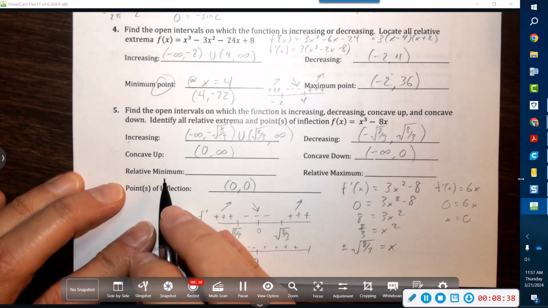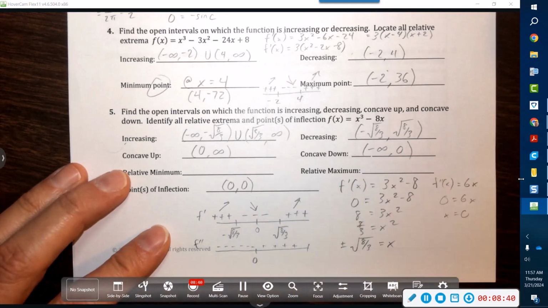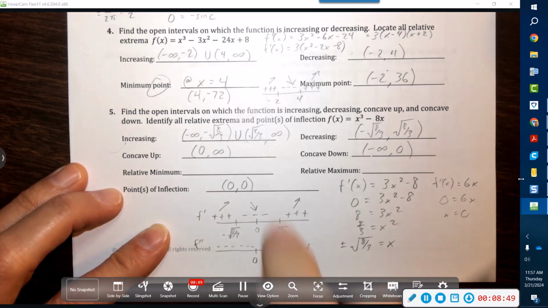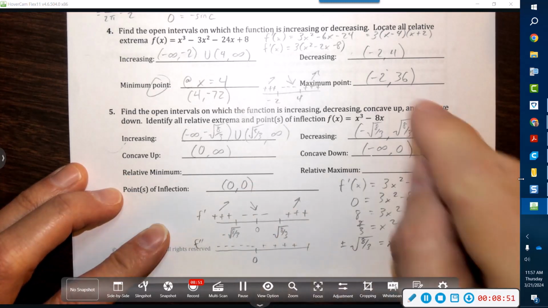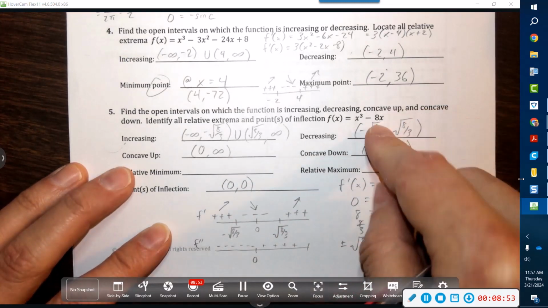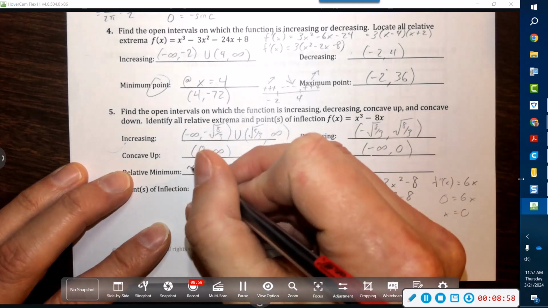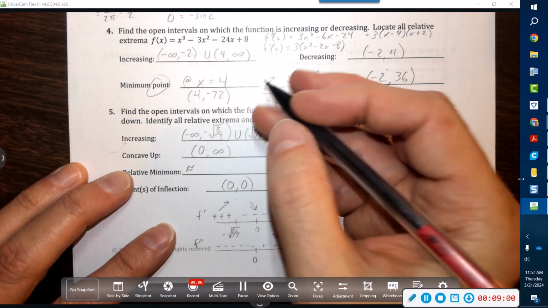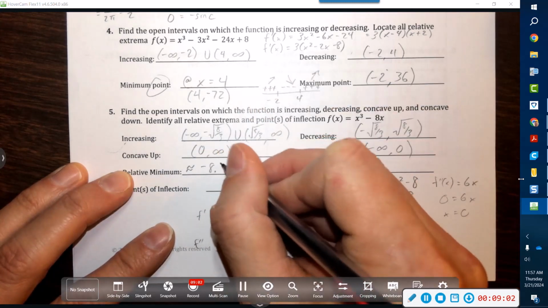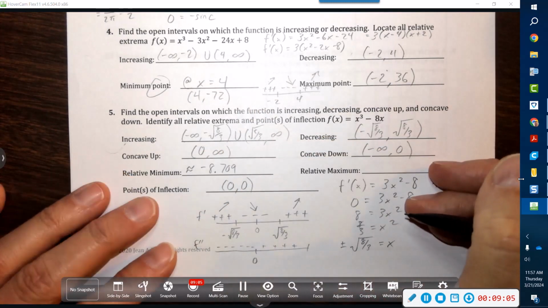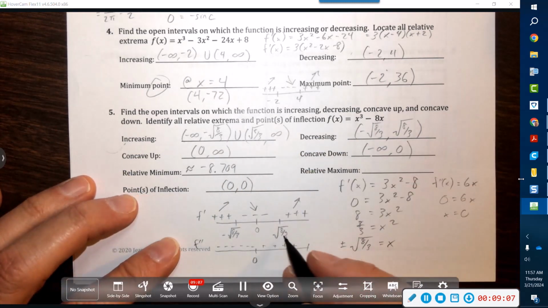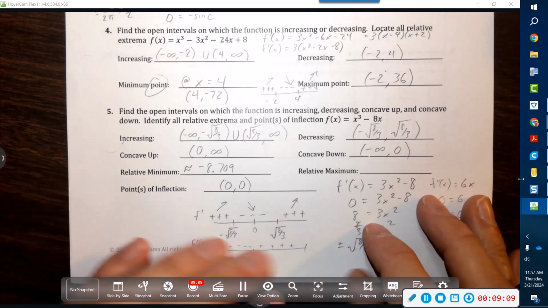The relative minimum is going to be the lowest possible value, and that has to be at positive radical 8 over 3. Now, I don't know what that is, but you've got to plug that guy into this guy right here. When you plug it in, you're going to get around negative 8.709, and that's at x equals radical 8 over 3.